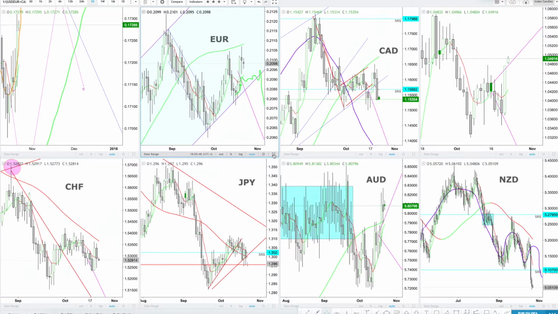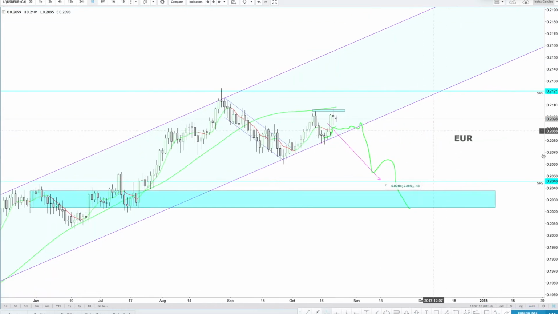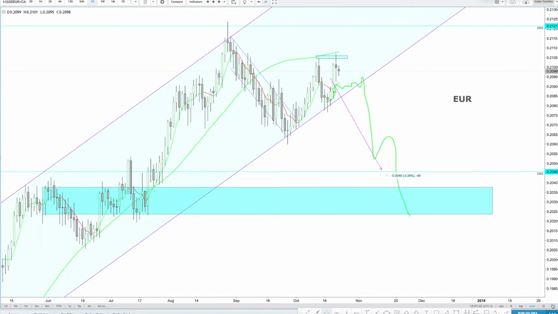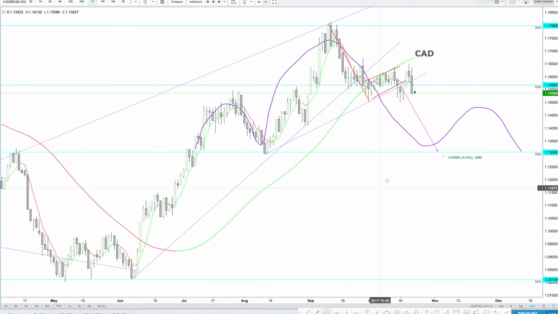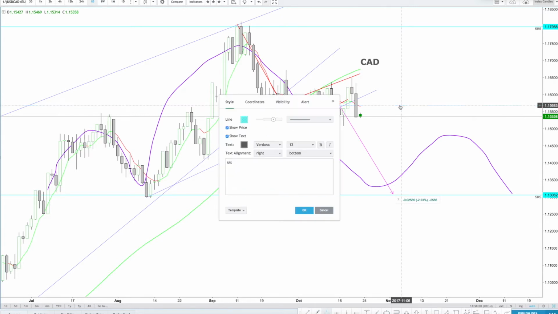Euro, bounded up. Found anything about euro on my Canadian and remove this line.